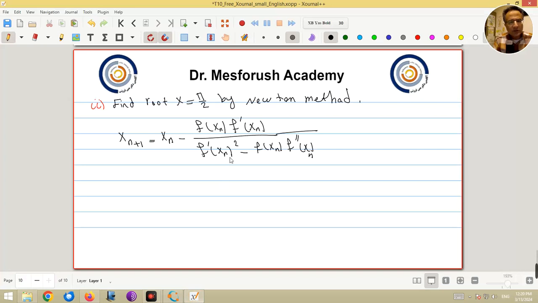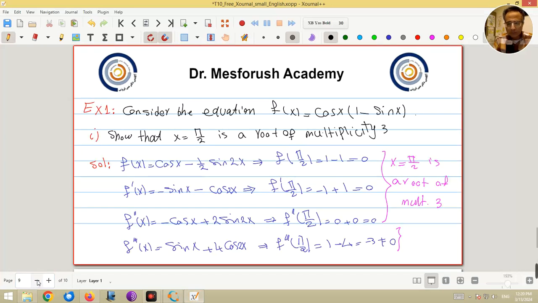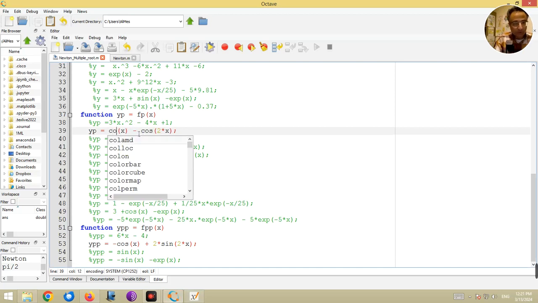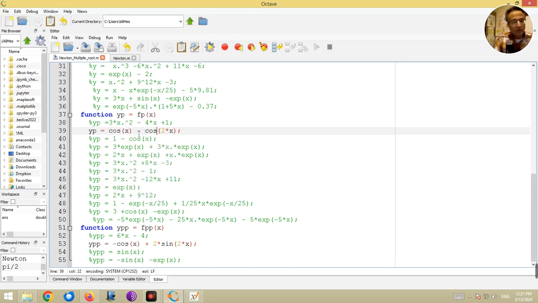My equation is this one, cosine of x minus half sine of 2x. So I should change. Let me put cosine of x minus half times sine of 2x.